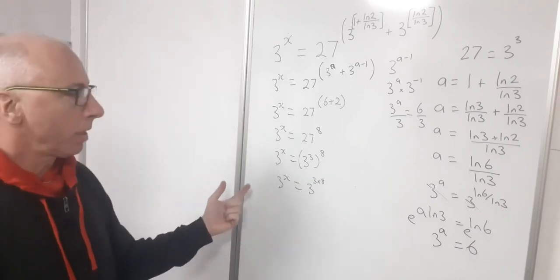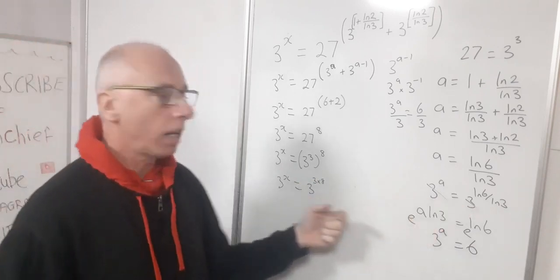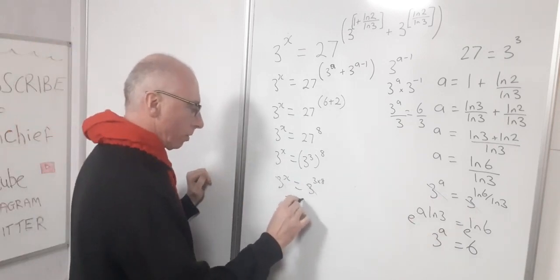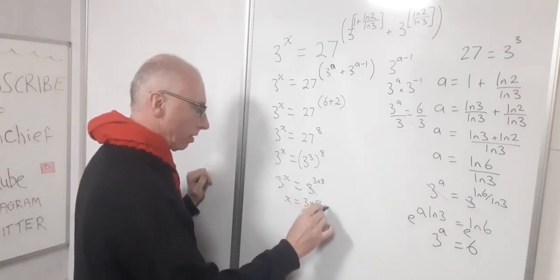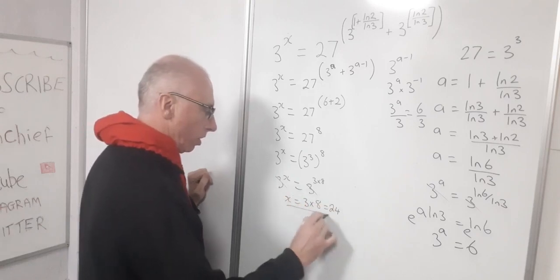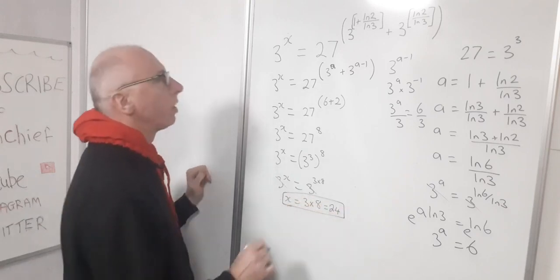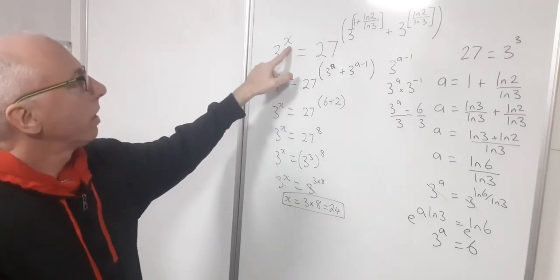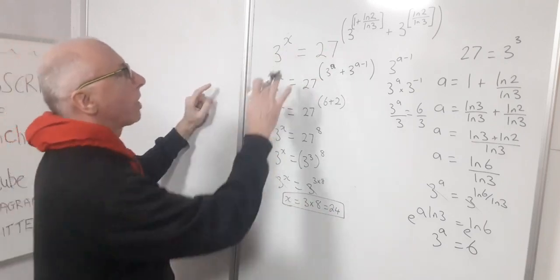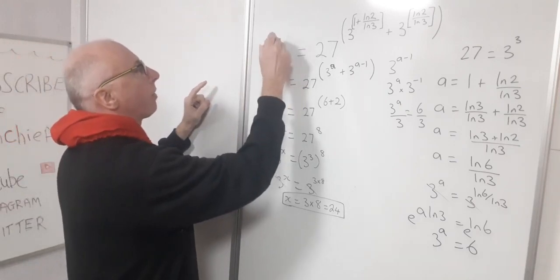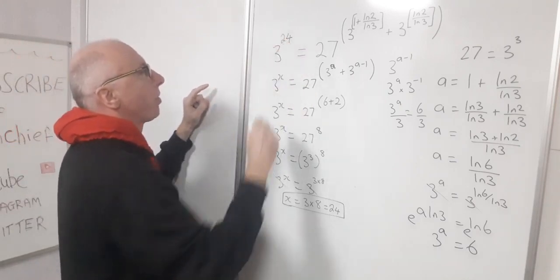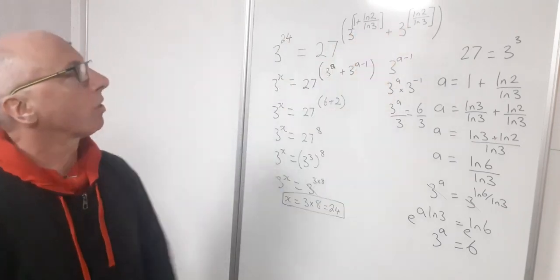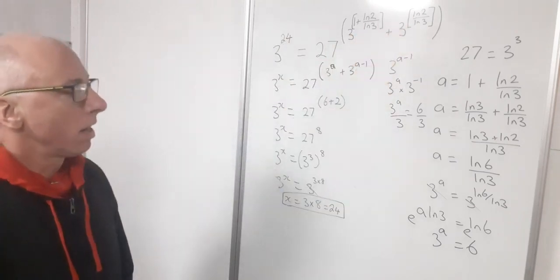So now with my powers, as I did here, I can just cancel out my 3's and just say x equals 3 times 8, which is 24. So therefore, this big thing here, this x, I just exchange out for 24. And then I've got the correct answer. 3 to the power of 24 is the same as 27 to the power of this crazy indice here. Okay.